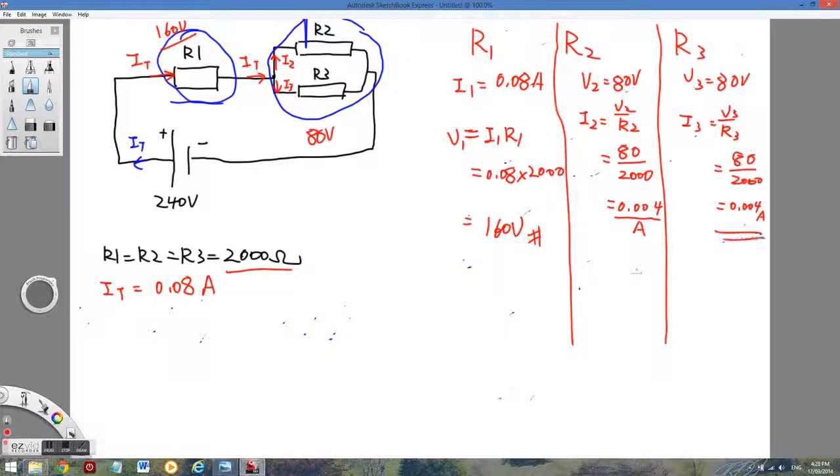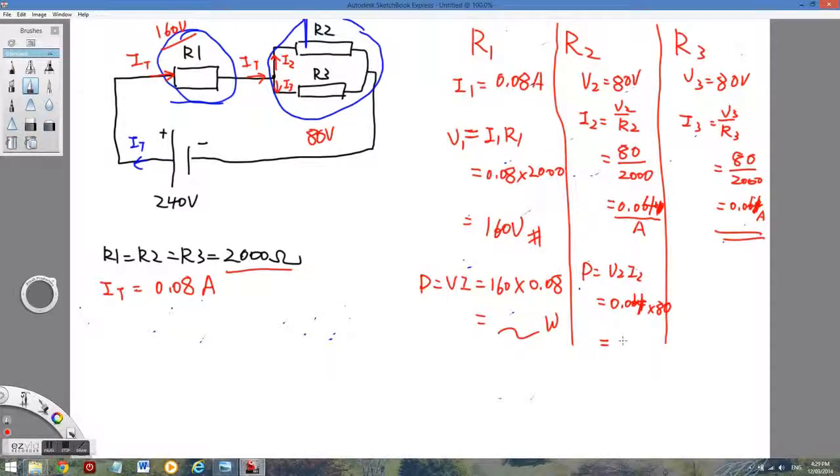So that's done. The power for R1 will be VI, which is 160 times 0.08. You find the answer. Similarly, the power of R2 will be V2 times I2, which is 80 times, I think I made a mistake, it should be 0.4.